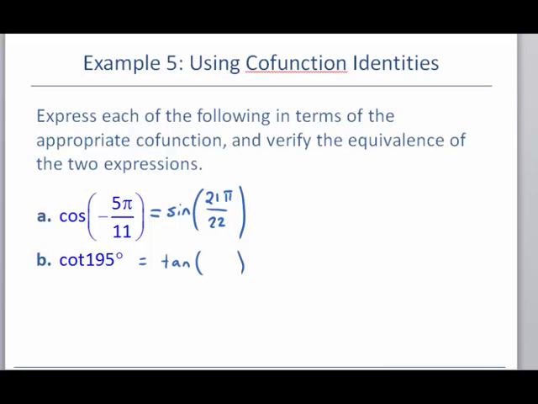And now we want to consider what the angle has to be. And again, we know that the angle has to add with 195 to make 90 degrees because those angles have to be complementary. So 195 plus some unknown angle is equal to 90 degrees. So we're going to subtract the 195 from both sides. And that tells me that my new angle is going to equal negative 105.